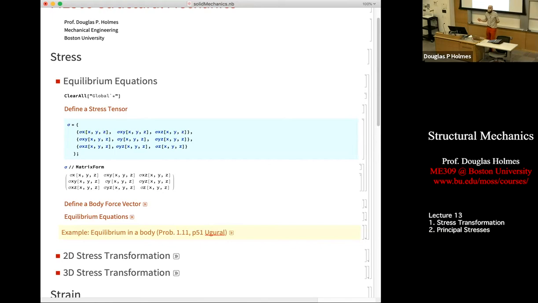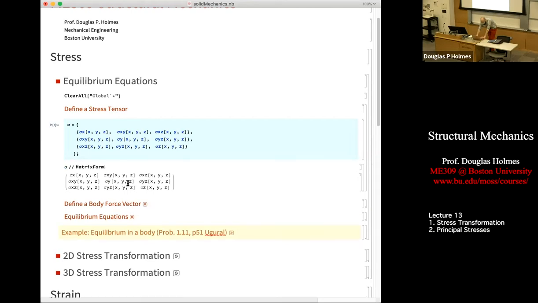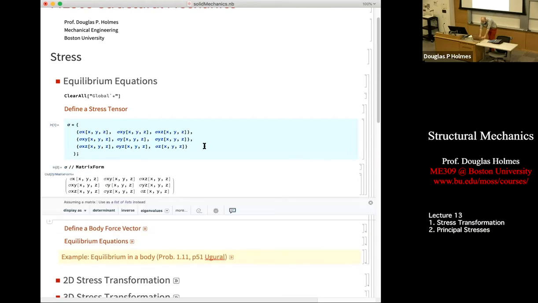Now remember, in our problem, sigma x depended on x and y. It might have depended on z, we don't know. So we're defining sigma so that each component depends on x, y, and z. So we can run that. And if we want to see what it looks like, we can run this next line, which makes it look kind of like a tensor.